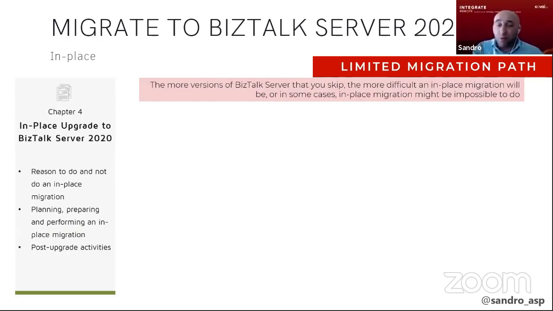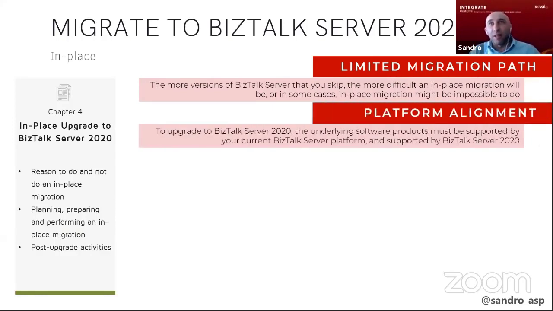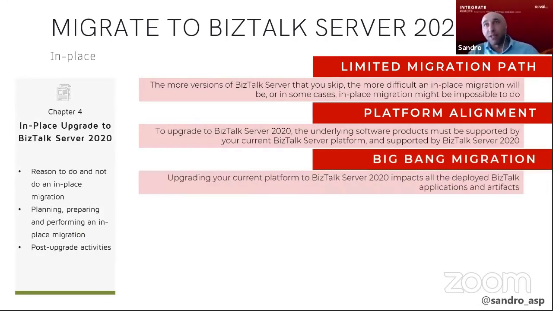You can actually do it from, for example, 2013 R2, but then you need to migrate to another version and then to another version. So it's kind of difficult. You have to align the platform to be able to migrate to 2020 as an in-place migration.